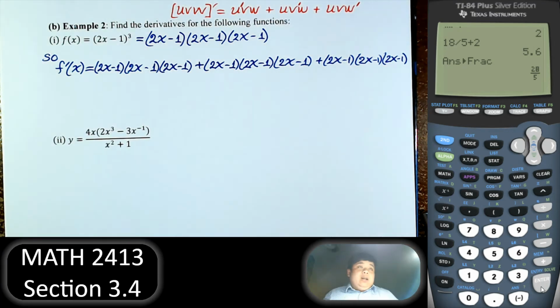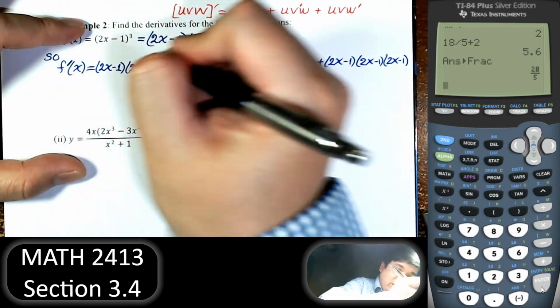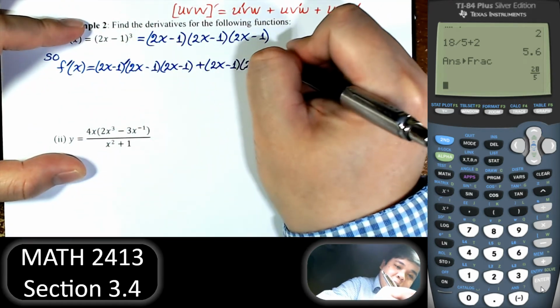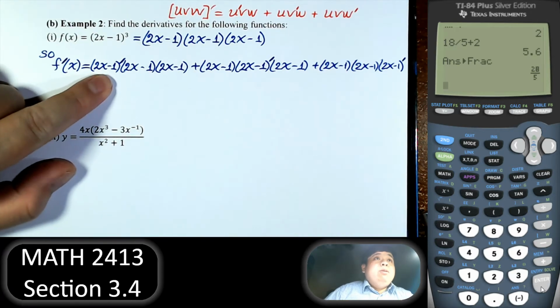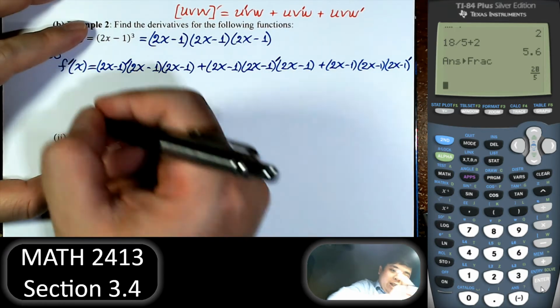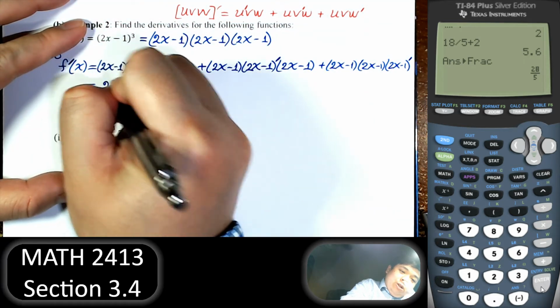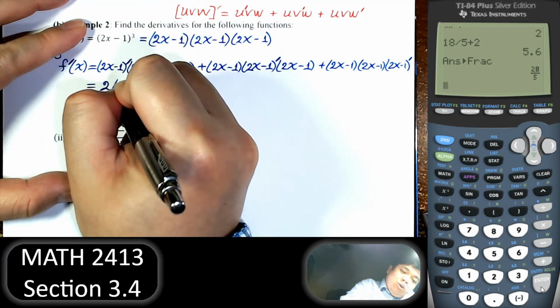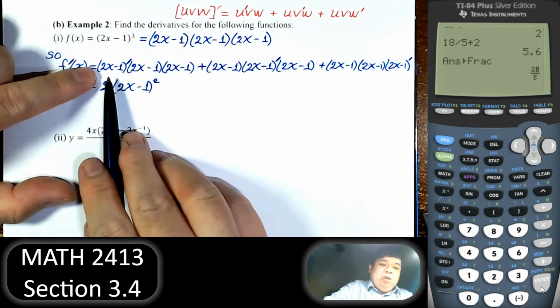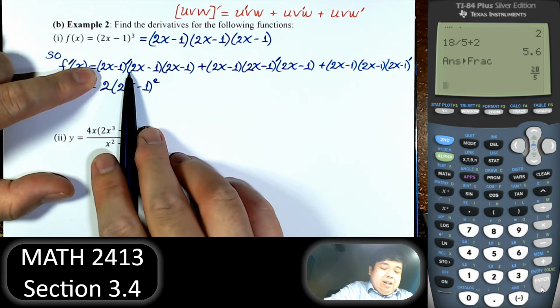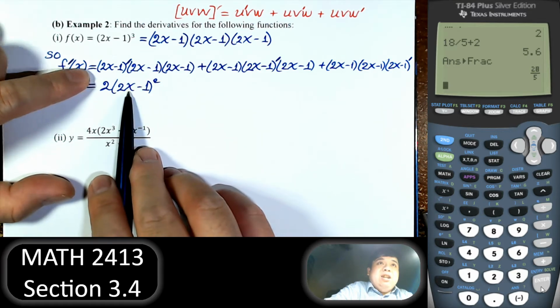Right. The derivative, the product rule, will be the derivative of the first, second, and then the third. The derivative of 2x minus 1 is 2. So when we do this, we have 2, and then (2x minus 1) times (2x minus 1), make it a square, right? So the derivative here is 2, and then multiply that, it's a square.